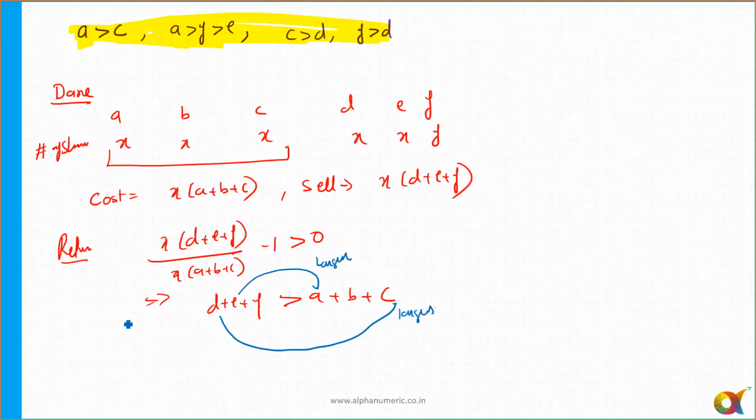So I can say that D is basically less than C. We all know it is given. We have calculated that. And E is also less than A. So if I'm adding here, I can say that D plus F is less than C plus A. But the moment I'm adding the third, D plus E is less than A.